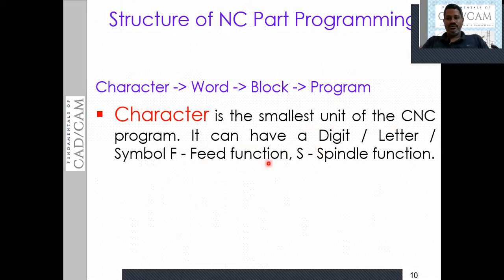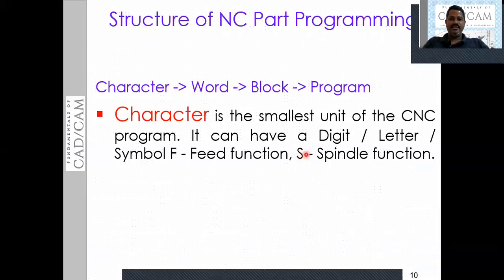For example, if you want to specify that a machine should rotate at a certain RPM, we use the letter S, which specifies the spindle speed, followed by a number. So this one character signifies the spindle rotation. If S is followed by a number, for example S1000, that means S is the spindle speed.